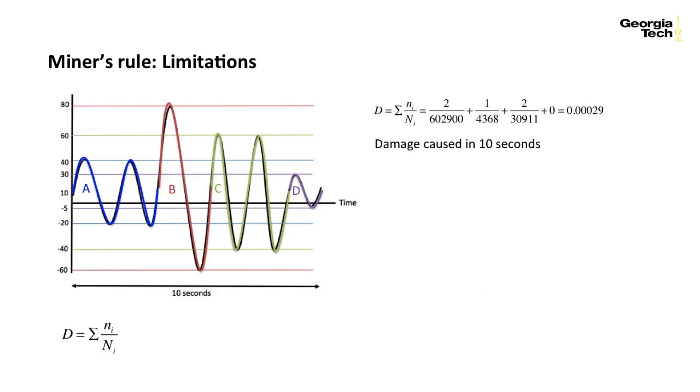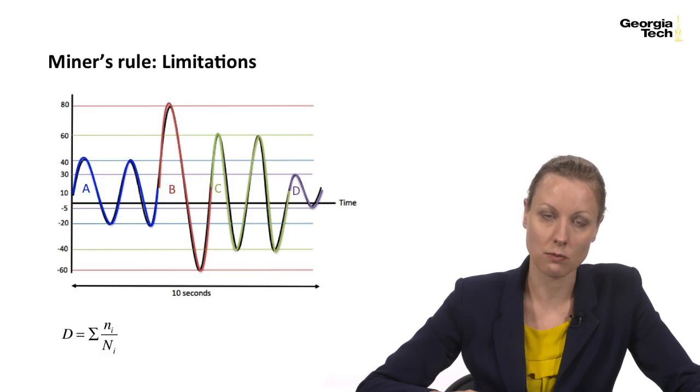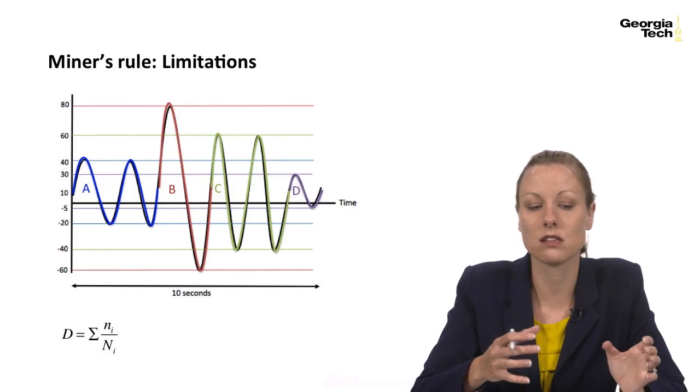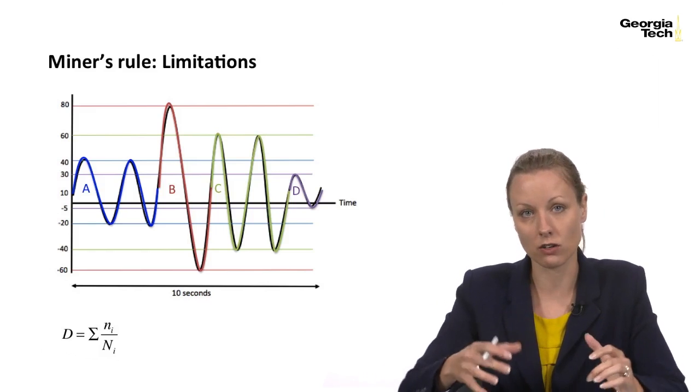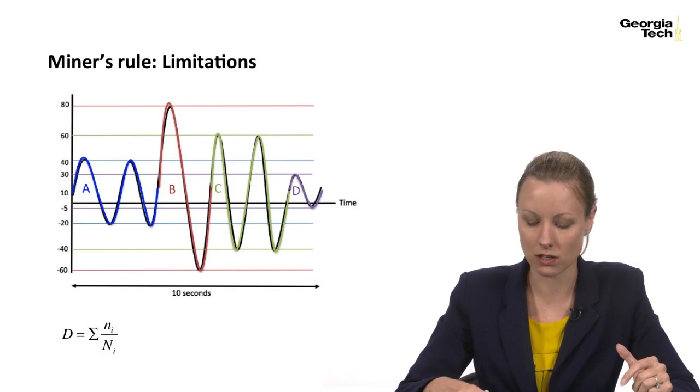This is not a long life for a part, and honestly, you would probably have to redesign most components to live much longer. So there are some limitations to Miner's rule. What Miner's rule does is calculate the life for each cycle, but it doesn't take into account the order that the cycles are applied in.